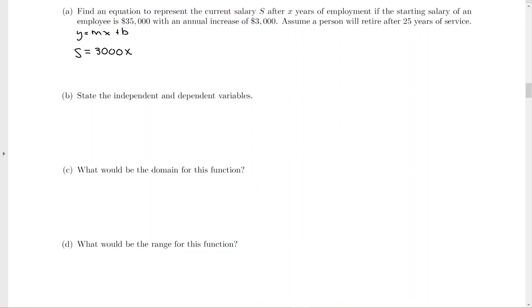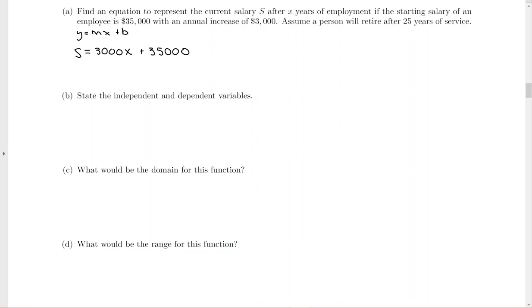So 3,000 times X, because X was the number of years of employment, plus our initial amount, $35,000. So that's our starting equation.